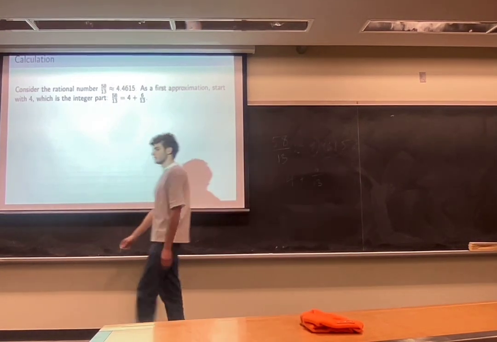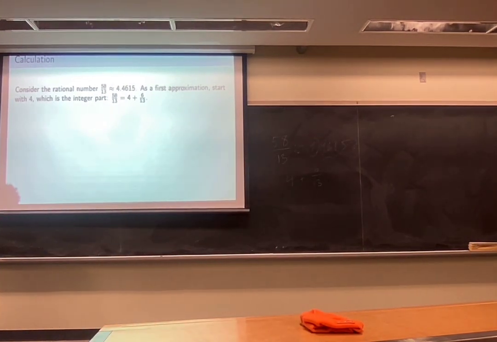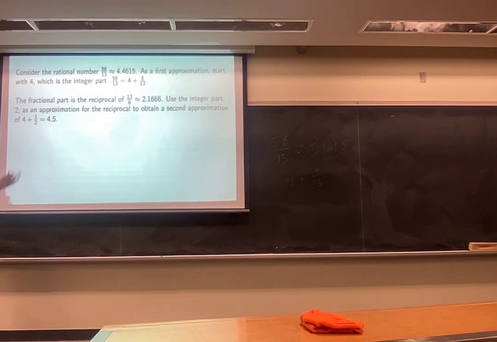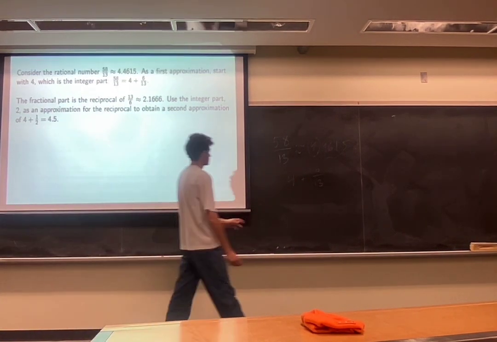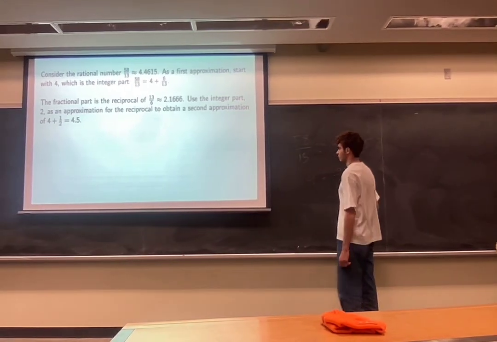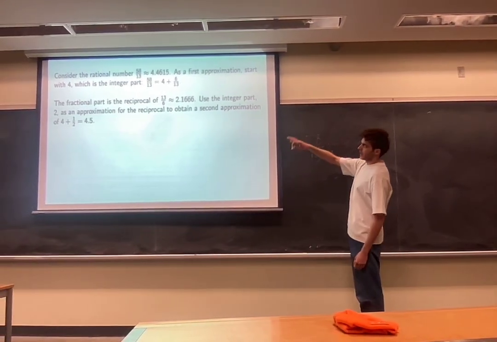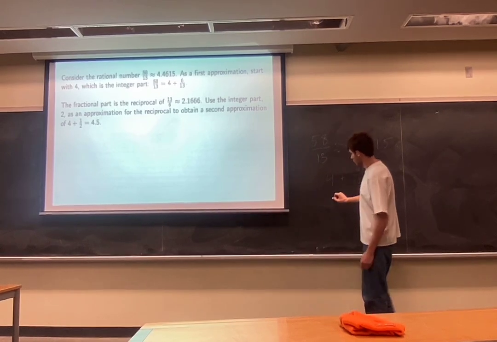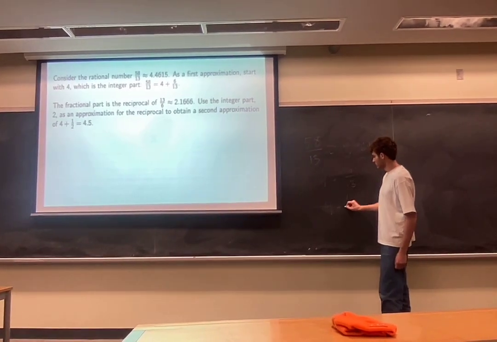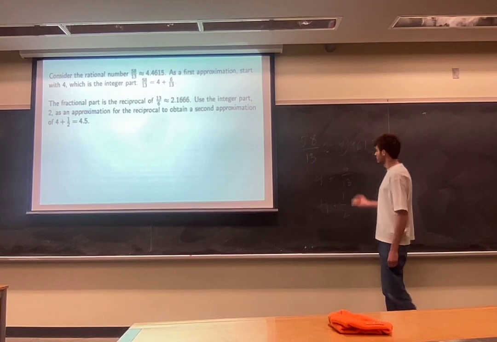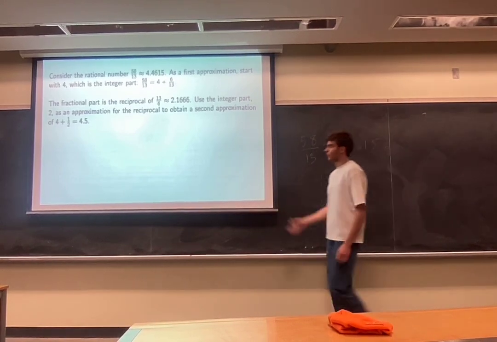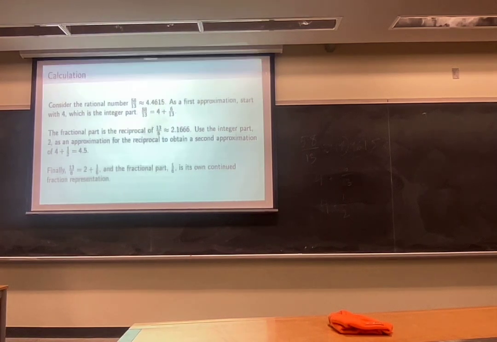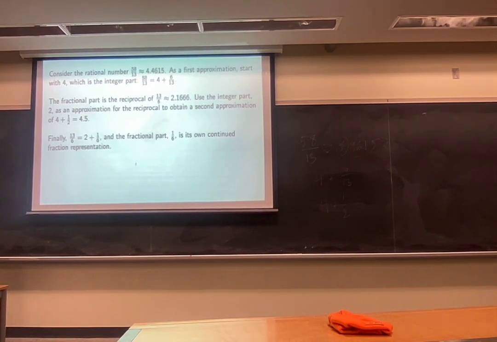Now, since our continued fractions have 1 in the numerator, you want to look at the reciprocal. So we first take the reciprocal, which is 13 over 6, approximately 2.166. We can again isolate the integer part, and then again take the reciprocal of that. So another closer approximation is 4 plus 1/2. We see we're getting closer, but we're not done yet. Once again, we have to isolate the fractional part and take the reciprocal.